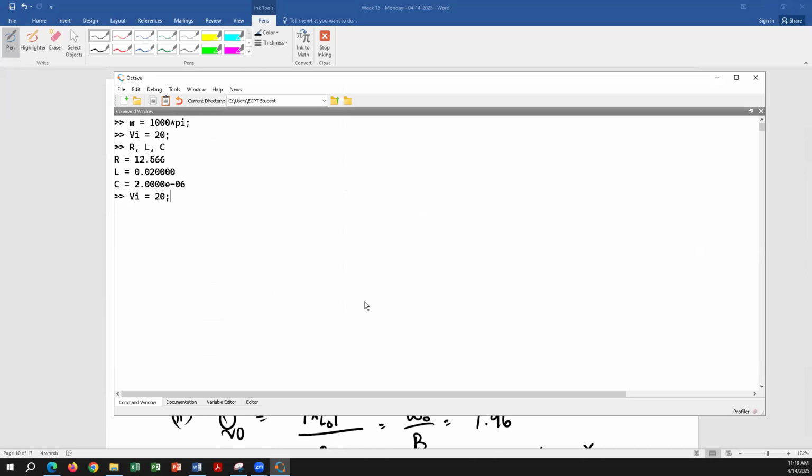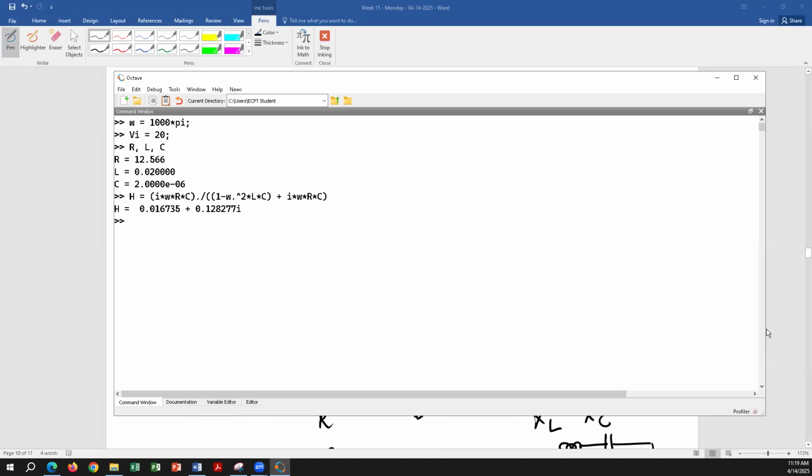All I need to do is go back to my H equation, H is this, and calculate H for that omega 1000 pi. And the value is 0.017673 point that.